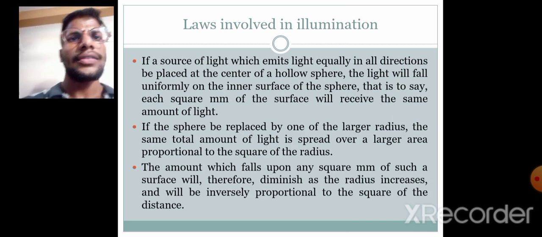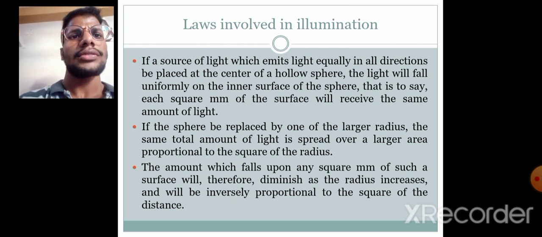If a source of light that emits light equally in all directions is placed at the center of a hollow sphere, the light will fall uniformly on the inner surface of the sphere. That is to say, each square unit of the surface will receive the same amount of light.